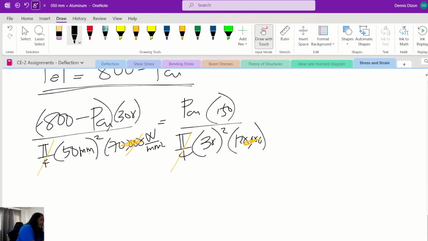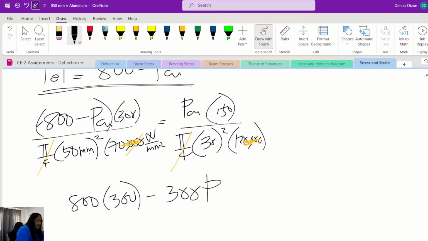So we have 800 times 300, then minus 300 P of copper, and then times 12 times 30 squared, which is 900.